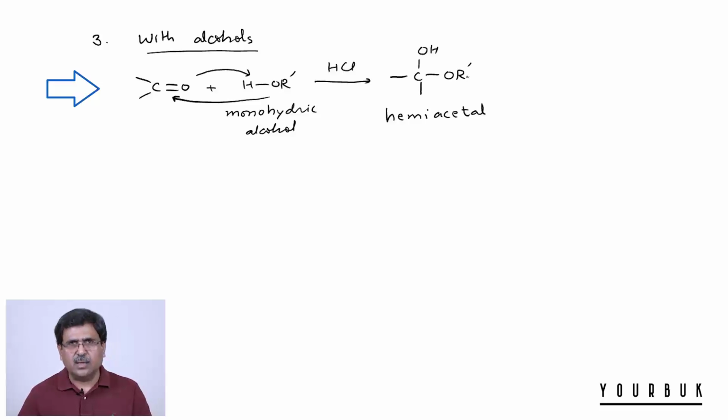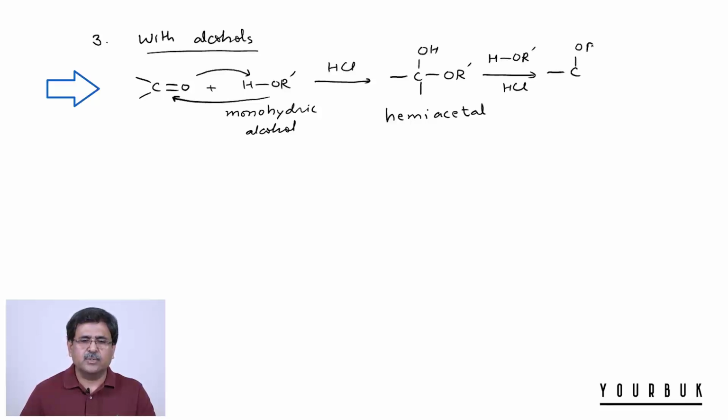And this hemiacetal further reacts with the same alcohol and the same acidic medium and undergoes dehydration to form a product which is called acetal. Now in acetal, the two alkoxy groups are present at the same carbon. This is called acetal.